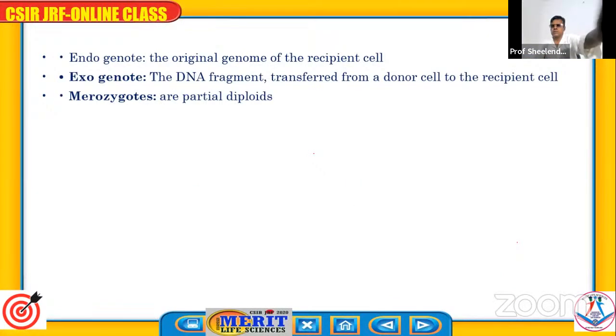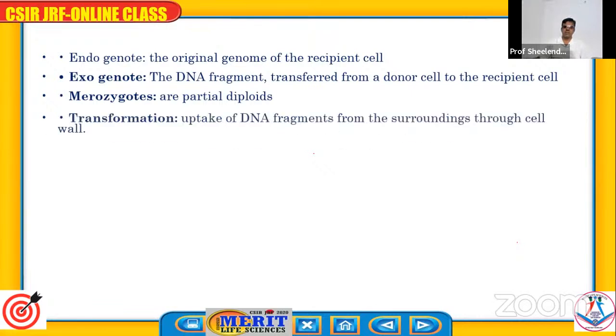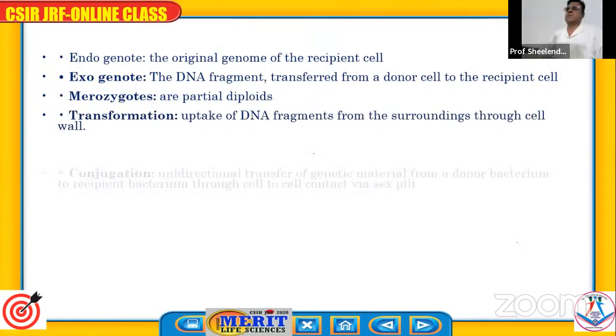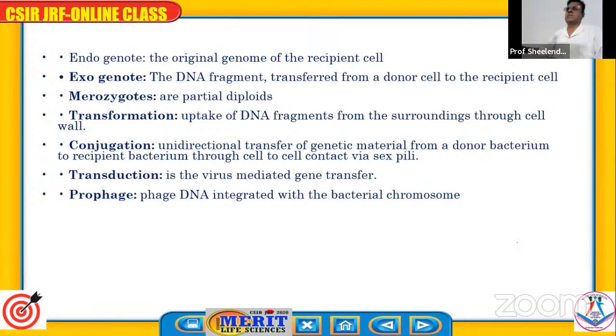You must know these terms: endogenote, exogenote, merogenote, transformation, transduction, prophage. Prophage is a kind of integrated DNA, which can be used for genetic transformation or gene transfer in the bacterial chromosome.